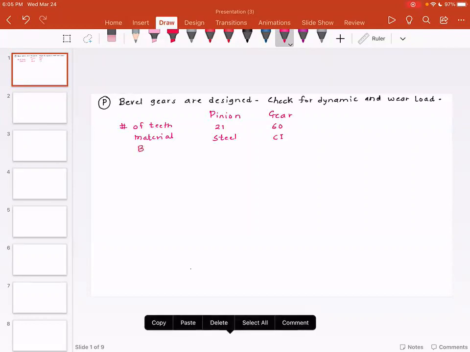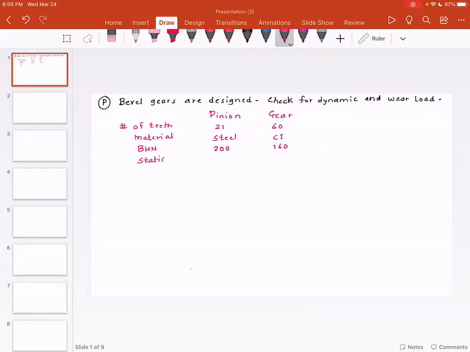Brinell hardness number, BHN, is 200 and 160. Allowable static stress is 85 megapascals and 55 megapascals.